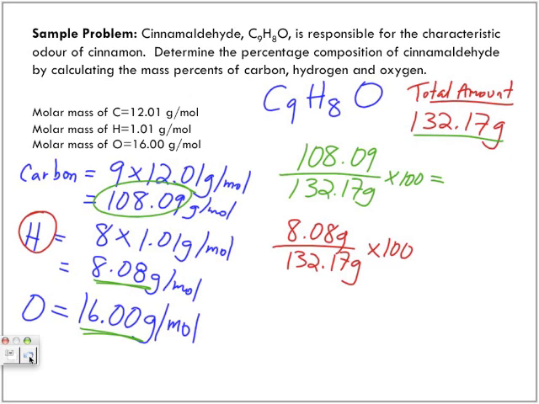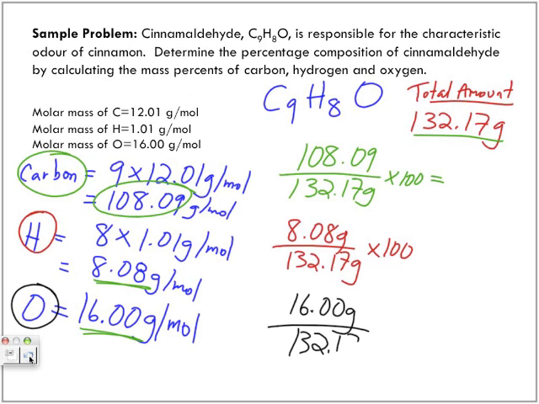Then for oxygen, 16.00 grams divided by 132.17 grams times 100. For carbon we get 81.78%.